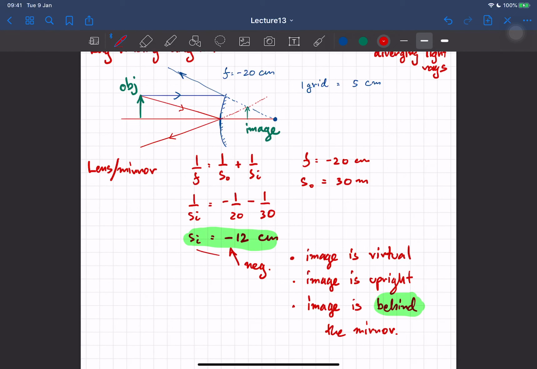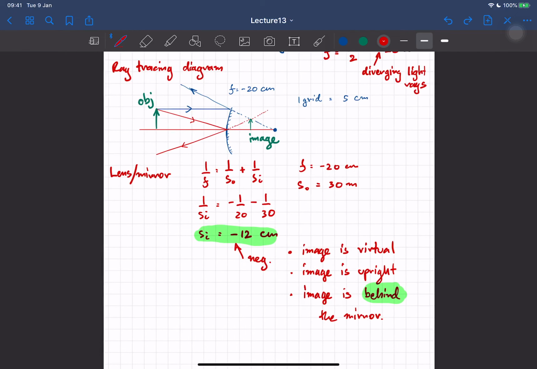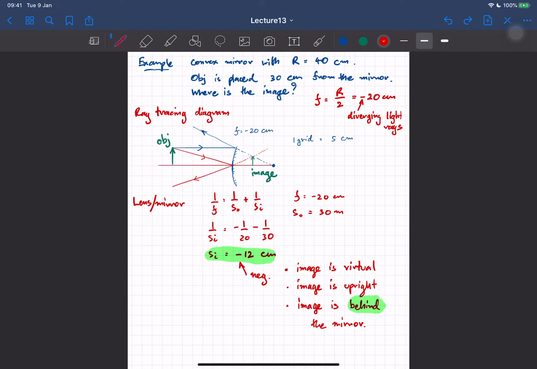But in terms of the number that you get from solving the equation, it's going to look exactly the same. So you need to interpret this a little bit differently, but other than that, it's the same as the diverging lens. Okay, so nothing too new here. So everything should be really familiar to you.